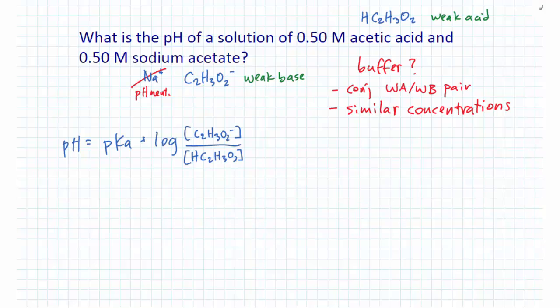I've got the concentrations just straight from the problem. The Ka value. Yep. So Ka of what? Acetic acid. Oops, lowercase a. Okay. So acetic acid, 1.7 times 10 to the minus 5.